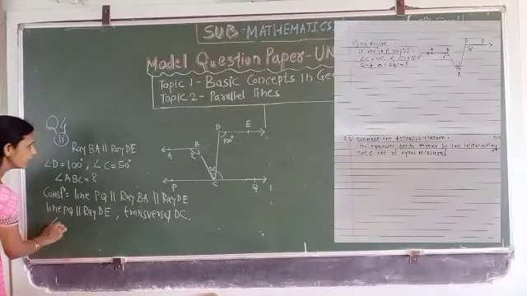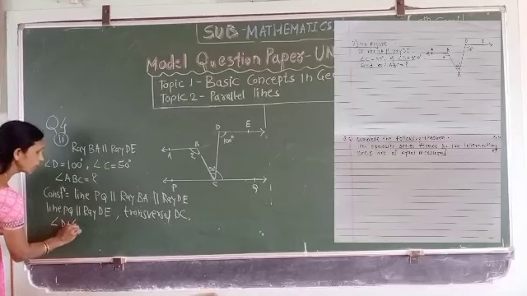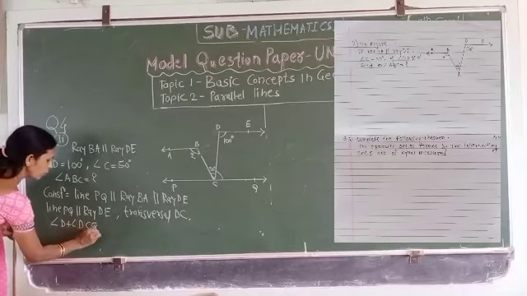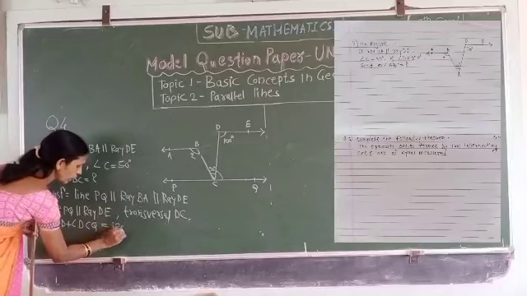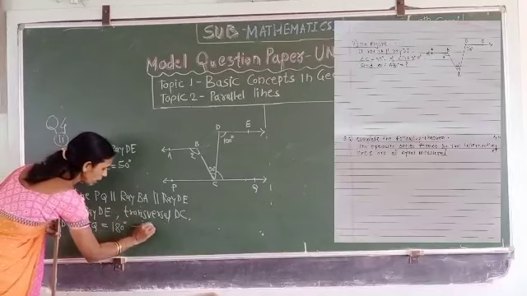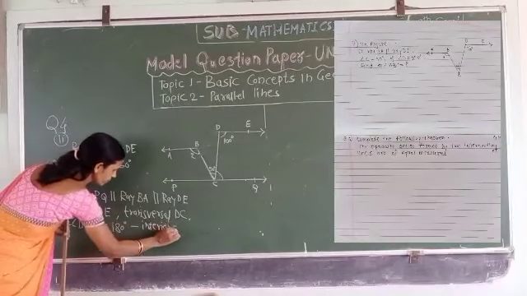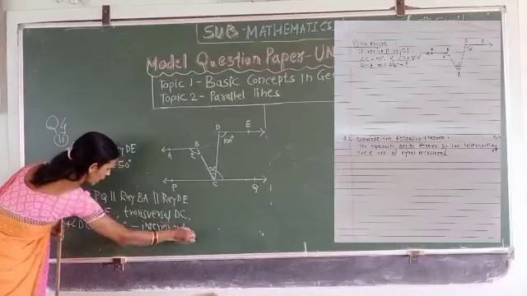Therefore, here angle D plus angle DCQ is equal to 180 degree, because they are interior angles.